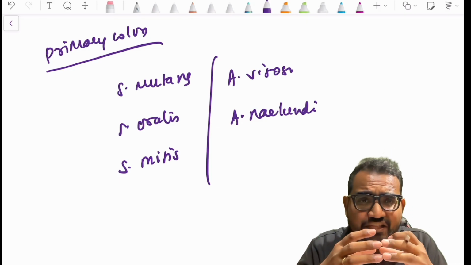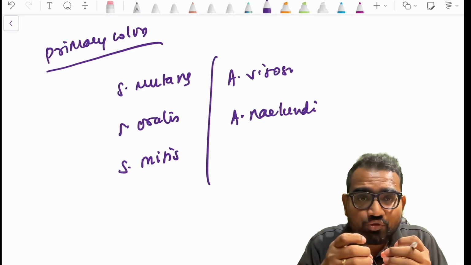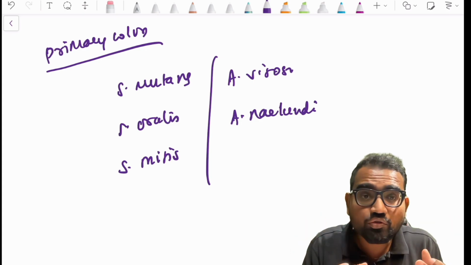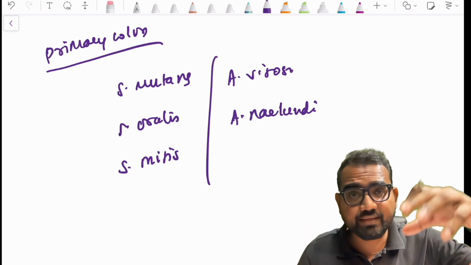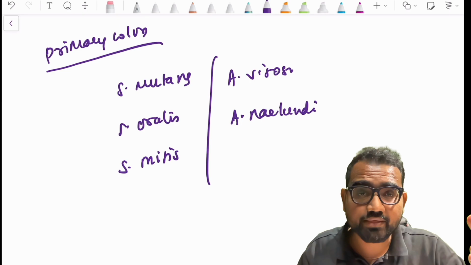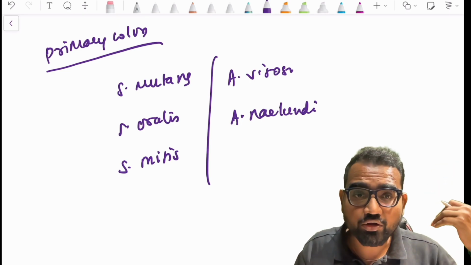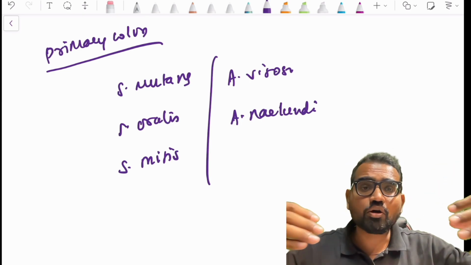These primary colonizers should attach themselves, and also allow other bacteria, which I'm going to call secondary colonizers, to attach to them so that the community of the plaque grows up.